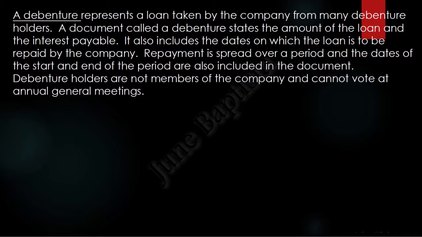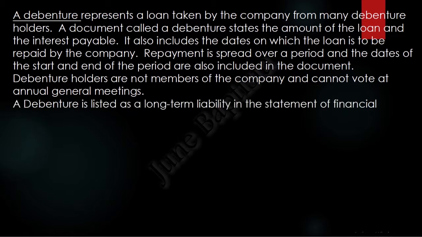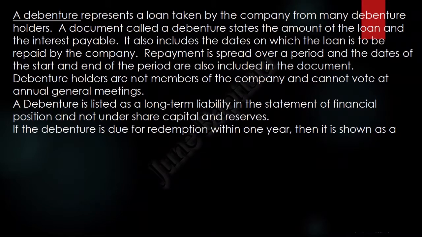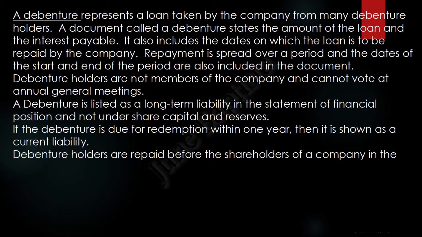Debenture holders are not members of the company and cannot vote at annual general meetings or AGMs. A debenture is listed as a long-term liability in the statement of financial position and not under the share capital or reserves. If the debenture is due for redemption within 1 year, then it is shown as a current liability. Debenture holders are repaid before the shareholders of the company in the event of the company being wound up.